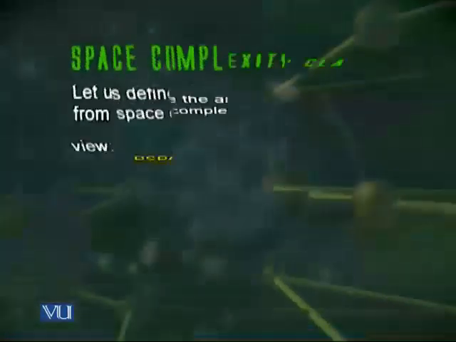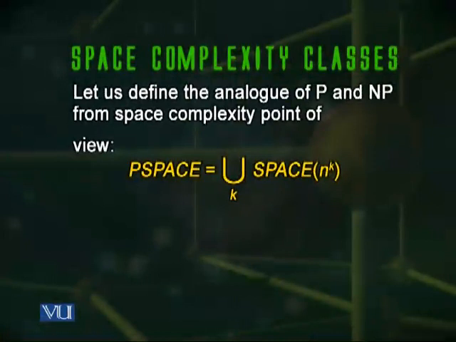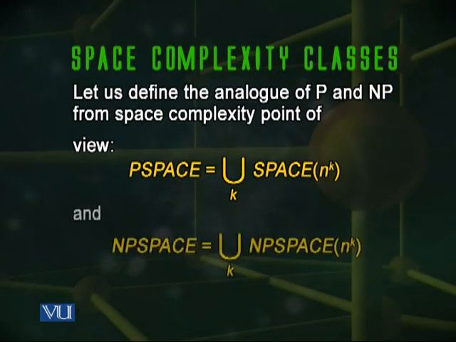So it's only natural that we try to play the same game with space complexity. We define the classes PSPACE and NPSPACE. So let us define PSPACE to be the set of all problems that we can solve in polynomial space using deterministic Turing machines, and NPSPACE to be the set of all problems that we can solve in non-deterministic polynomial space.